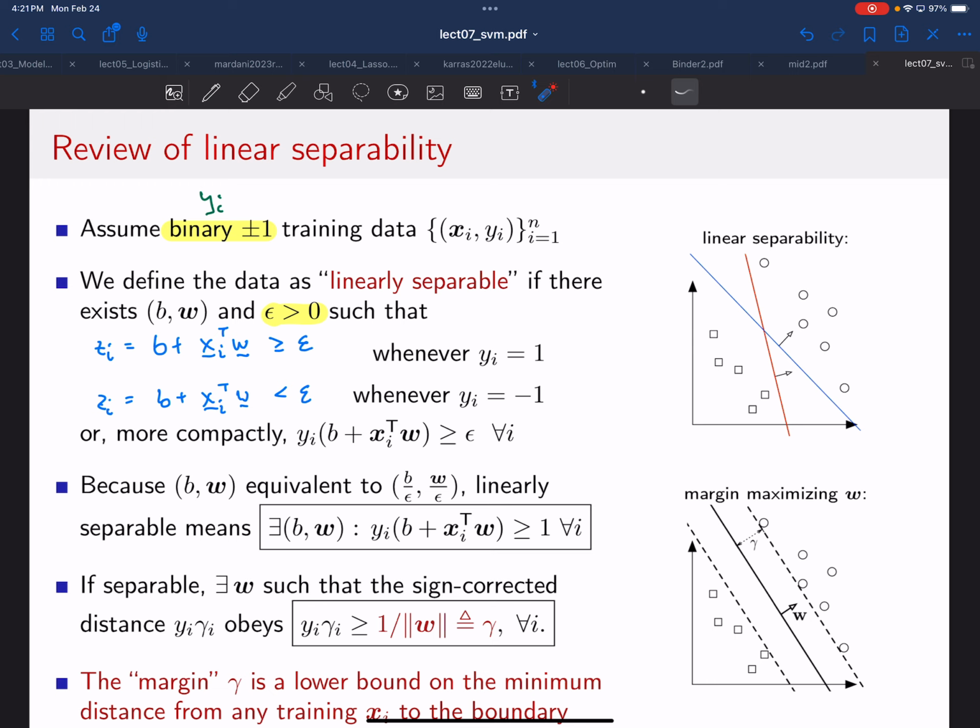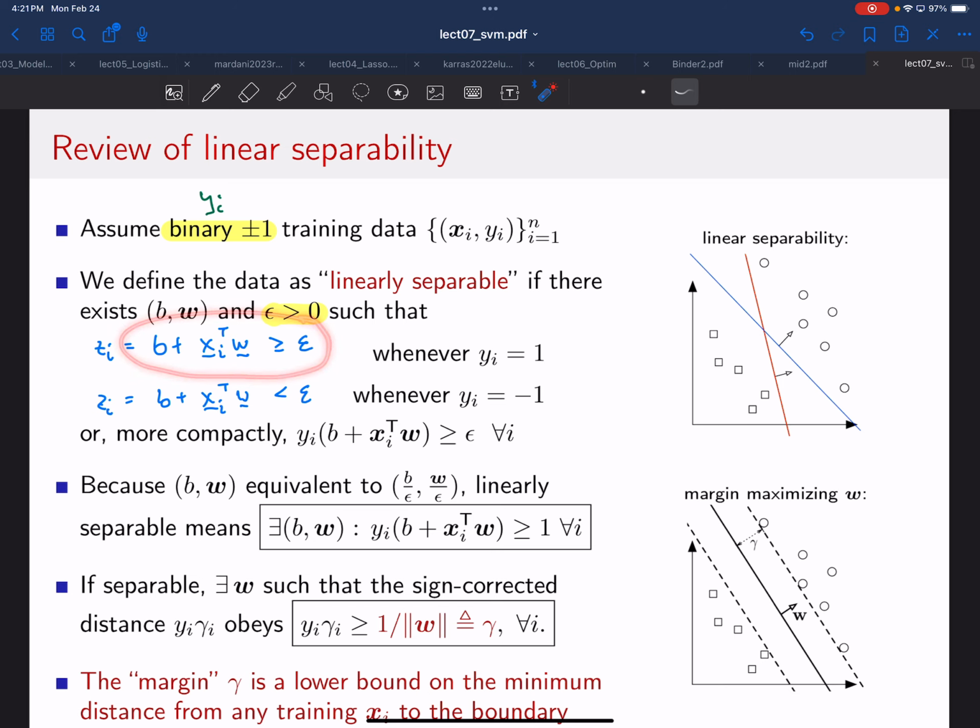So this definition is fine, except that it's kind of complicated. There are 3 parameters: b, w, epsilon, and there are actually 2 different inequalities. So maybe we can simplify things a bit. As a first simplification, if y is plus or minus 1, then notice that if we multiply both sides of these inequalities by yi, let's see what happens.